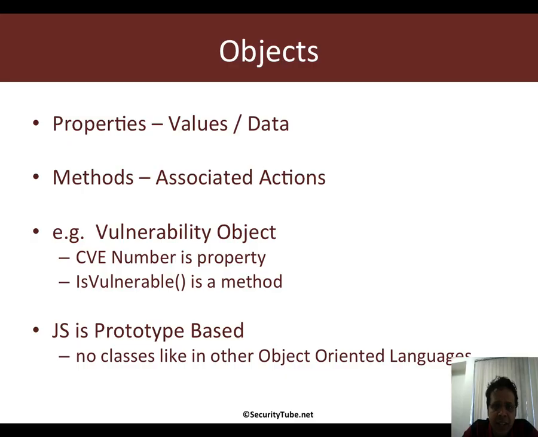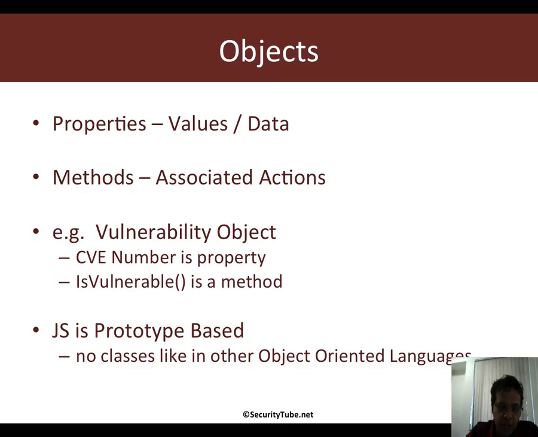Now let's say we wanted to define vulnerabilities in a proper way by grouping together different aspects of it. So as an example, let's say we would want the CVE number as well as a plain text description of the vulnerability and a quick way to check if the current page is vulnerable to a certain attack.